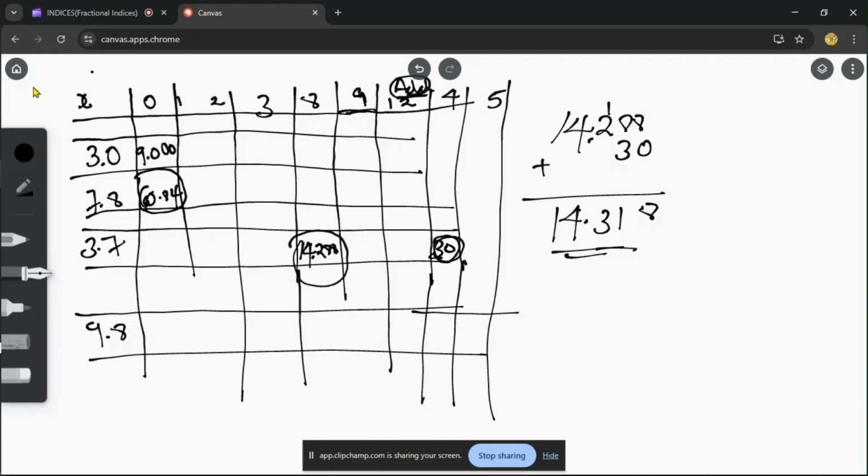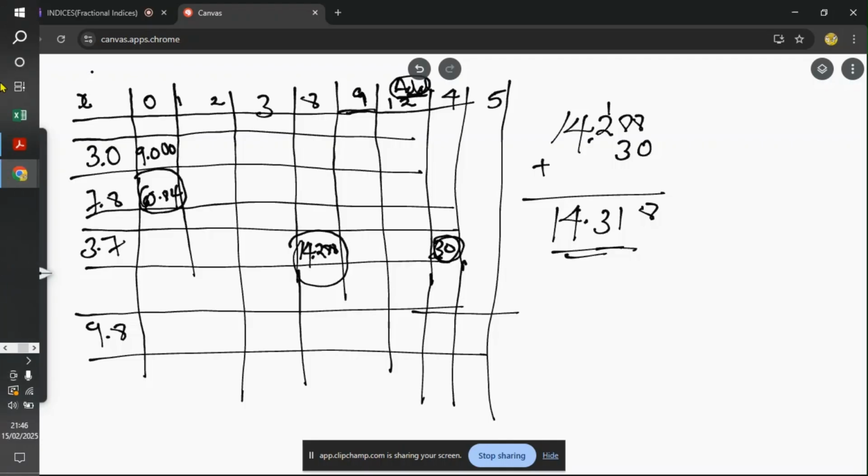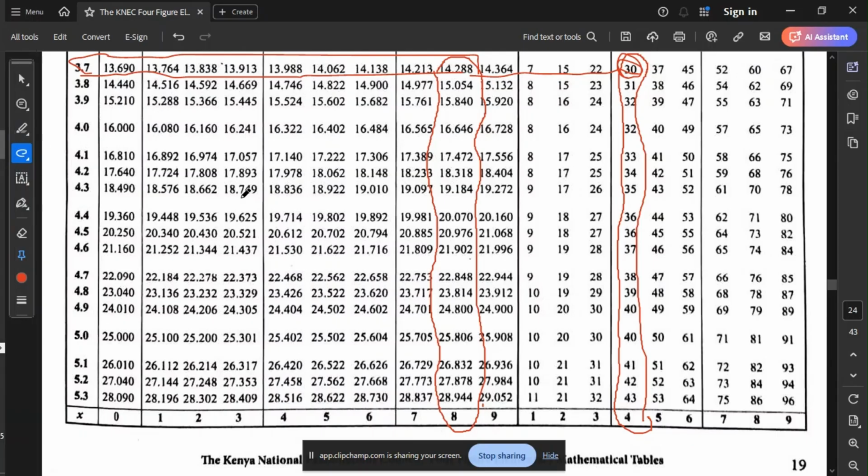So we can check together. You tell me what is the value here and what is the value here. I'll give you a few seconds to check that from the table, as I also check mine. So I'll come to my table. I want to check 9.8.